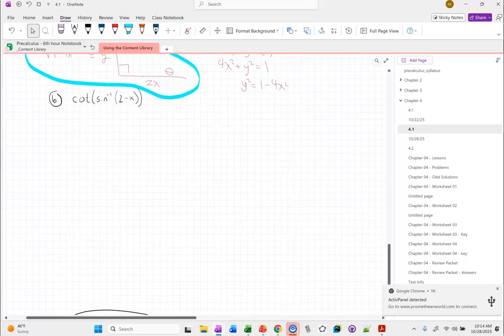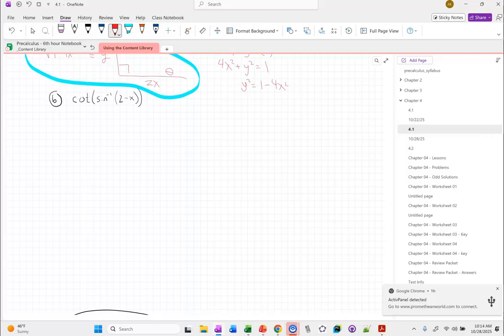All right, let's do one more. So again, we start with the inside. And we're going to rewrite that as a sine equation.